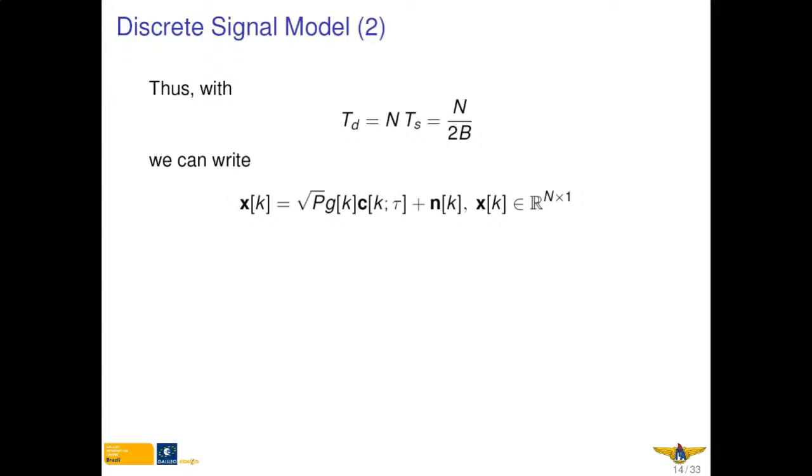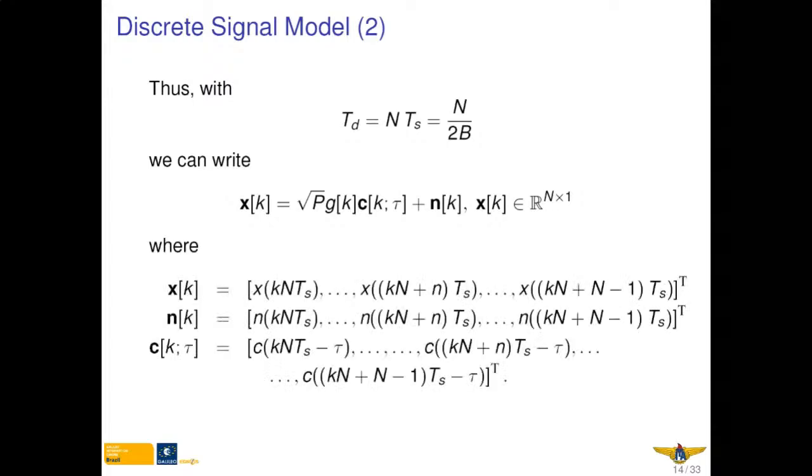All these vectors have N rows and are column vectors. All these vectors can be defined by these equations, where T means transpose. You can see that the signal vector x includes all the signal samples, the noise vector includes all the noise samples, and the vector c includes the delayed spreading sequence, also sampled at n Ts. And this is always for one period.